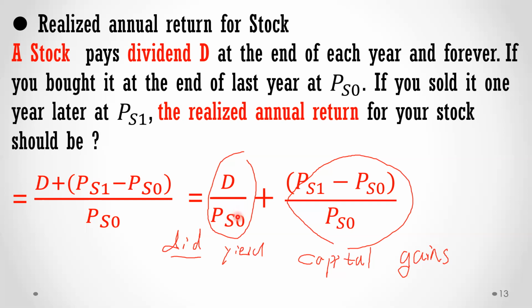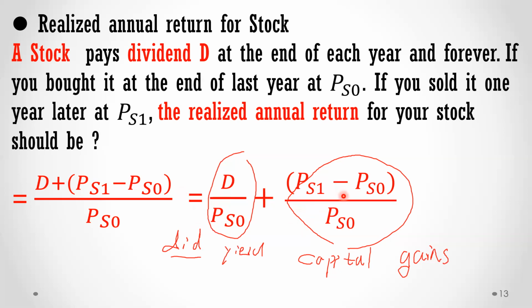For a mature company, every year they can generate a lot of cash, so they can distribute very high dividends. For a high growth company, instead of paying dividend, they prefer to keep the earnings inside the company. So they usually pay no dividend or low dividend in order to achieve high growth opportunity. So usually a high growth company has low dividend yield and high capital gains.